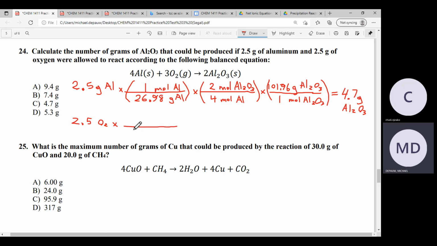And so I'm just going to go ahead and do the same thing with grams of oxygen. Now this is going to be a very similar process: convert grams of oxygen to moles of oxygen. Then I'm going to convert moles of oxygen to moles of aluminum oxide.